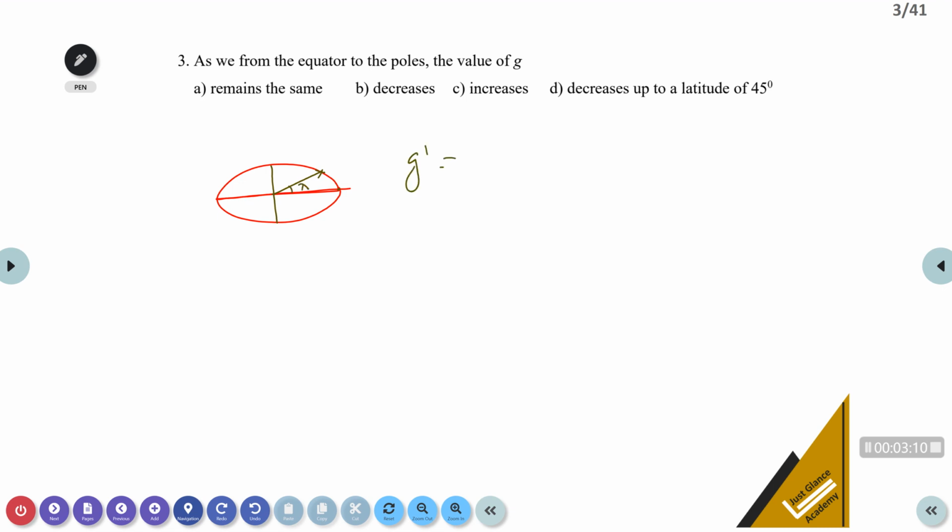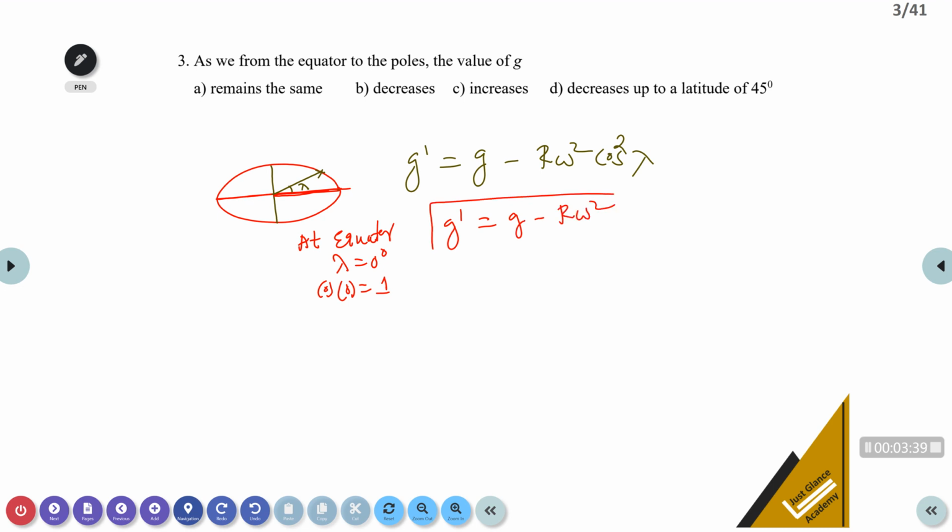You have to use the equation g dash equals g minus R omega square cos square lambda. At the equator, lambda equals 0 degrees, then cos 0 equals 1. Then g dash equals g minus R omega square. That is at the equator.